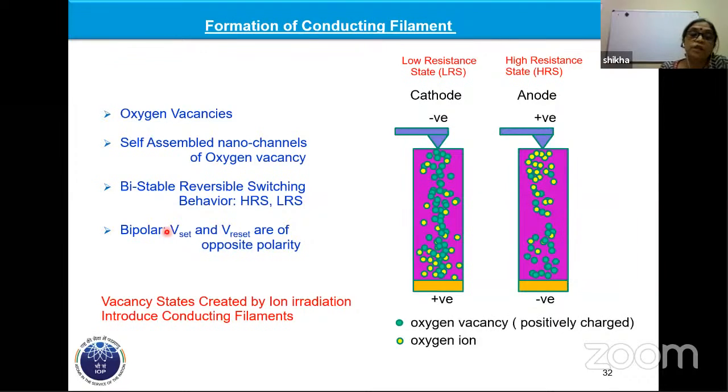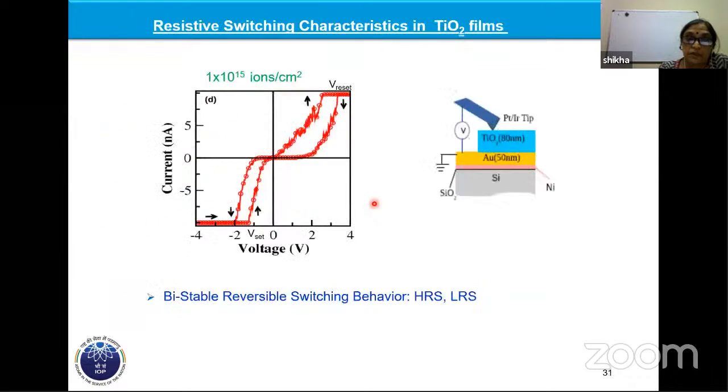It is called bipolar because V set and V reset are of opposite polarity. So vacancy states are created by ionization and they introduce the conducting filaments in these thin films. This has many big advantages because this is used in RAM devices, and this is much better than the conventional devices, which need much higher output power.